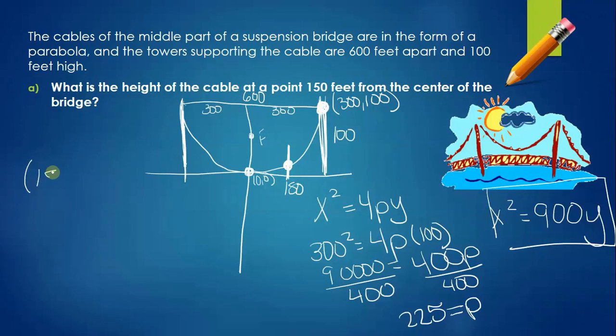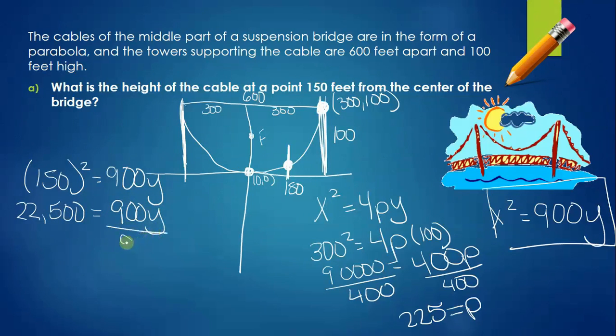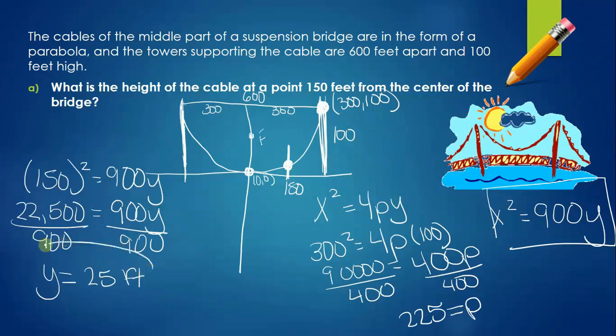So I can go 150 squared equals 900y. 150 squared is 22,500. Divide by 900, because we need to solve for y. I get y is 25 feet off the ground. So at 150 feet from the center, right here, I am 25 feet off the ground.